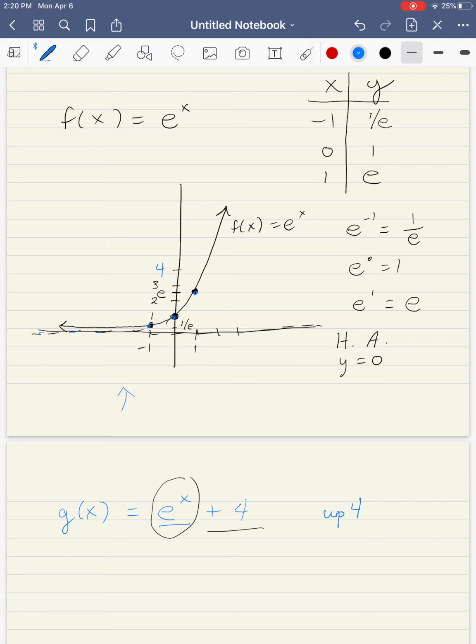So our horizontal asymptote was y equals 0. It moves up to y equals 4. And then we take each of these 3 ordered pairs and move them up 4 units. Let's start with 0, 1. If I move it up 4 units, it's here at 0, 5.